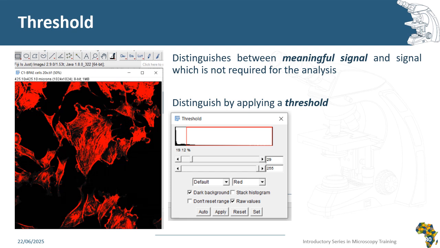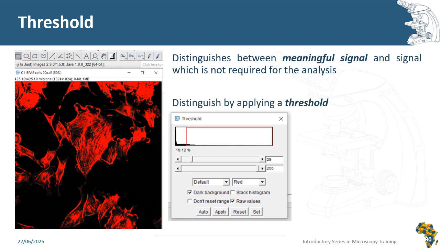And you are also considering all the pixels below 255, that is the maximum for your camera. As you can remember, with an 8-bit camera the maximum is 255. So all the pixels between 29 and 255 are considered meaningful signal, so foreground.